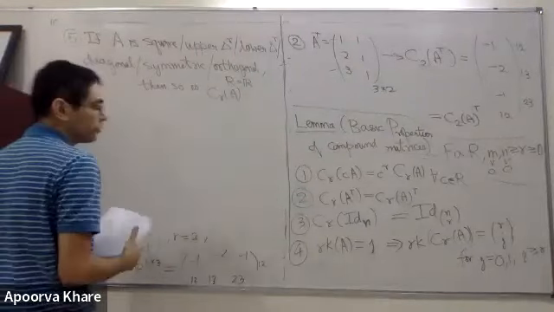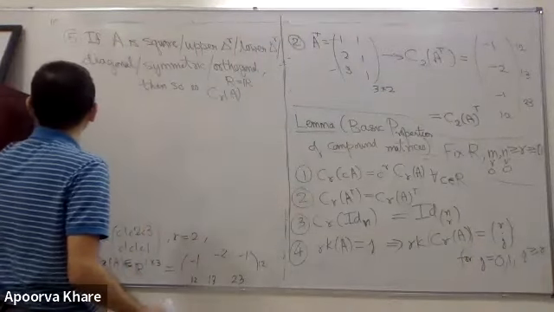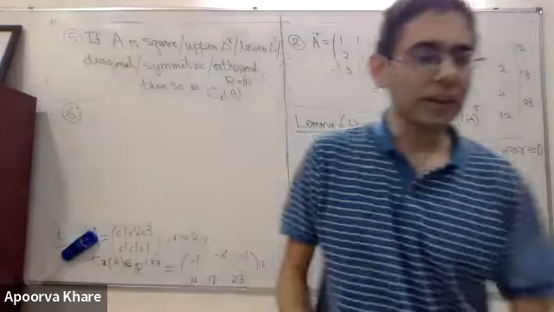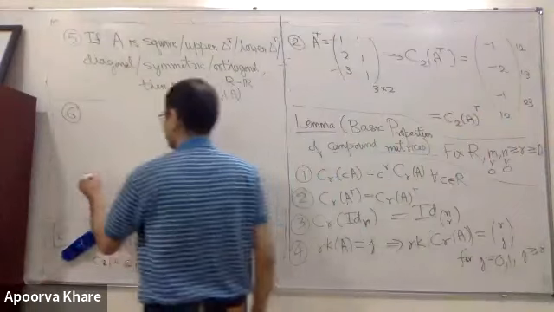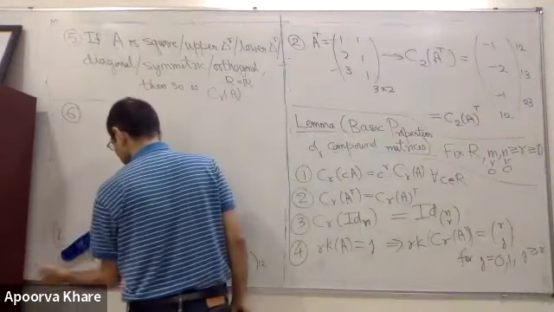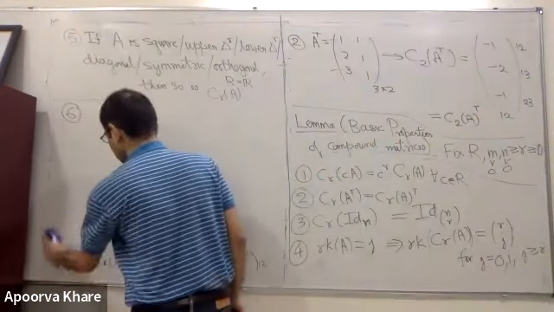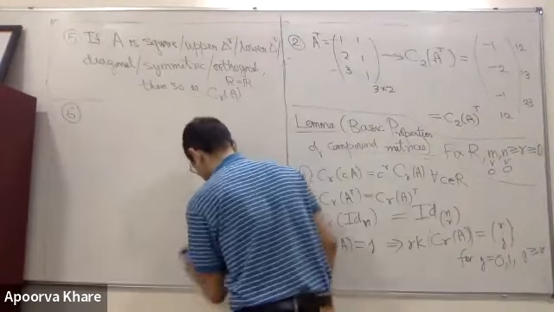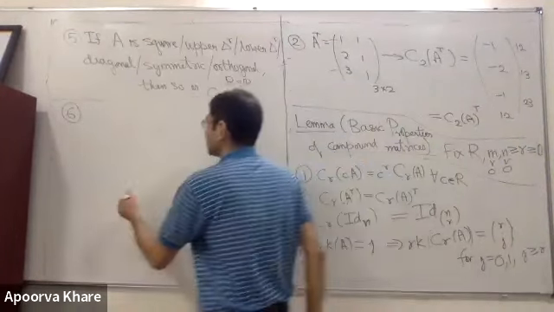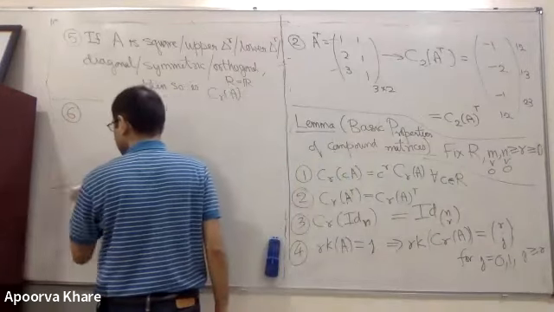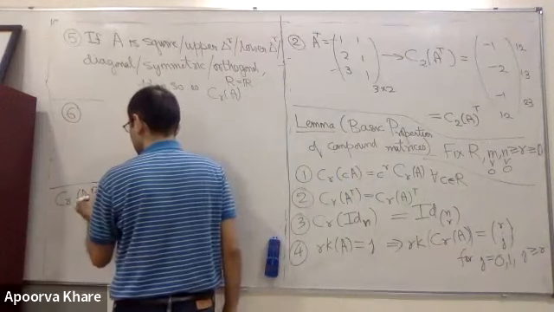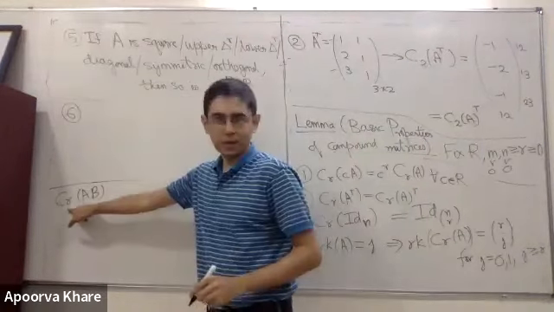Okay, finally, before I tell you about the determinant part, let's look at the compound matrix of A times B. Let me look at the rth compound matrix.